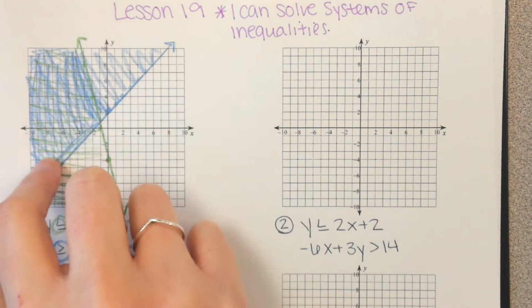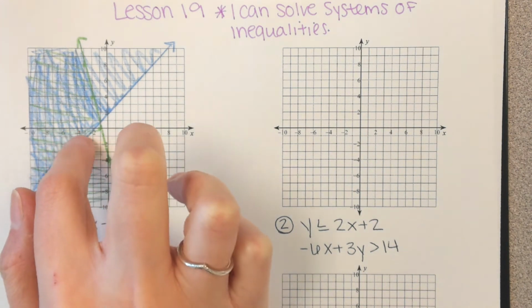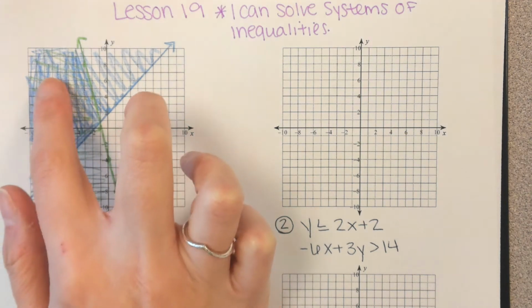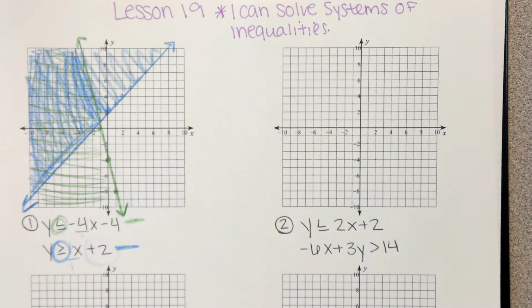It may just have this overlapping section shaded in. So you are going to have to think about where each line should be shaded. If you need to, you're welcome to do a little sketch on your own paper. You could sketch out what you think the line should look like and then shade, and you should still be able to see the overlapping region.